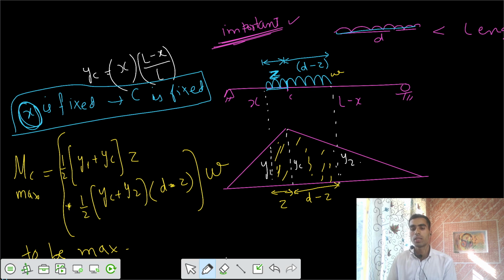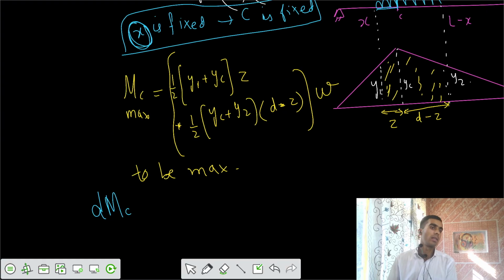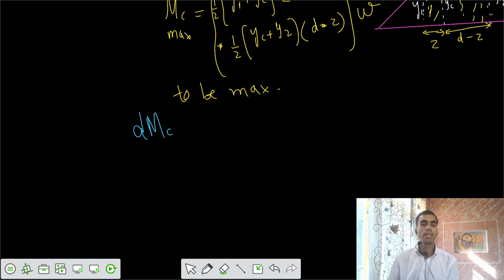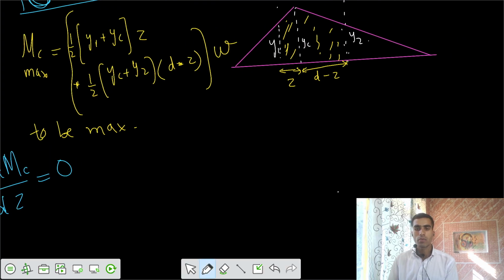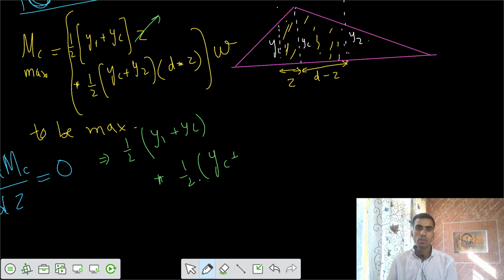So I have to differentiate that moment with respect to Z. So DMC by DZ. I have to equate it to 0. So from this equation we have 1 by 2 Y1 plus YC, when you differentiate it with respect to Z, so you are left with Y1 plus YC, and from the other part we are left with 1 by 2 YC plus Y2.